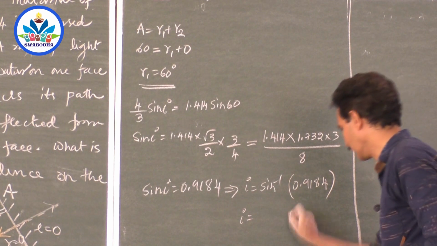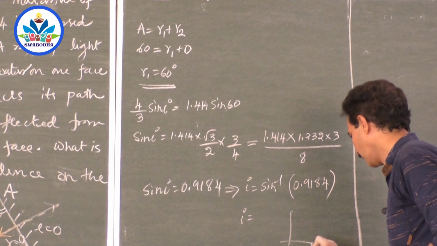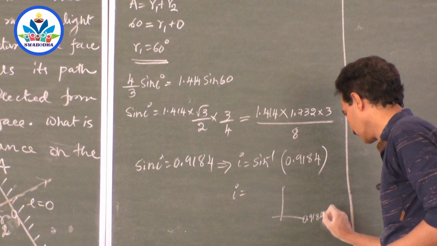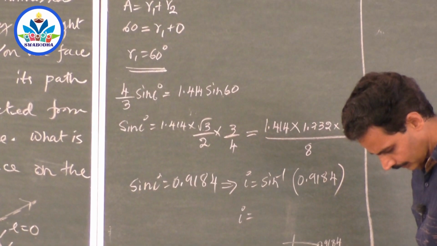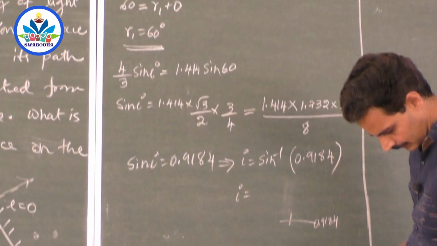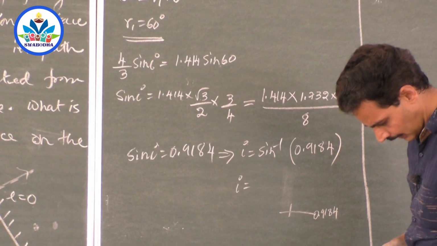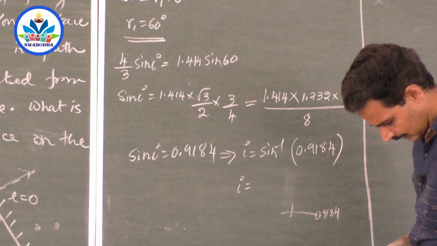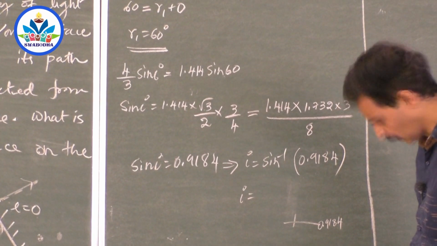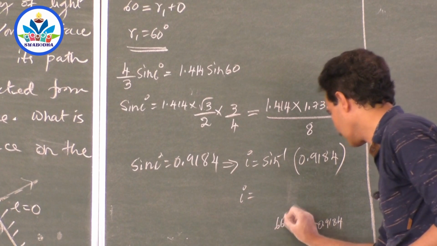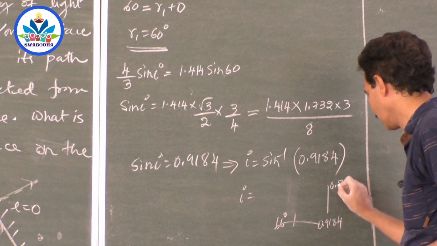0.9184 is seen in the 66 degrees row and 0.7 degree column.